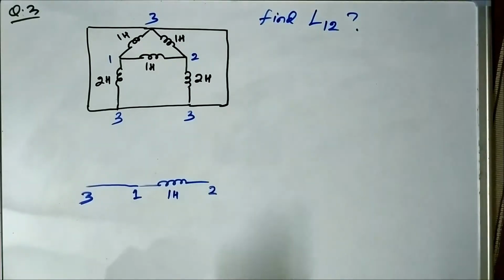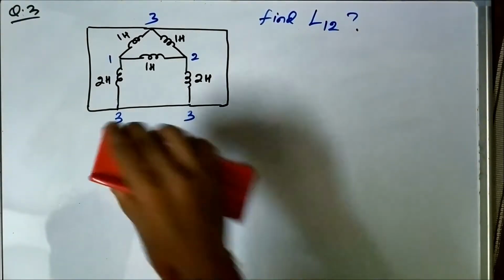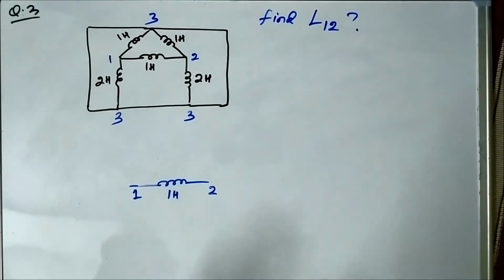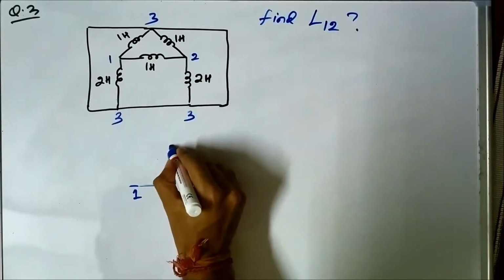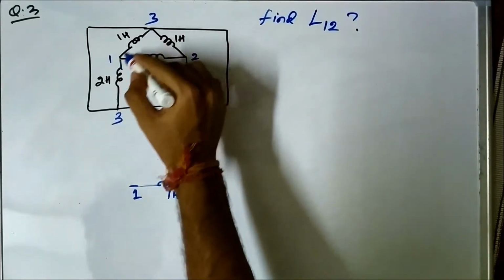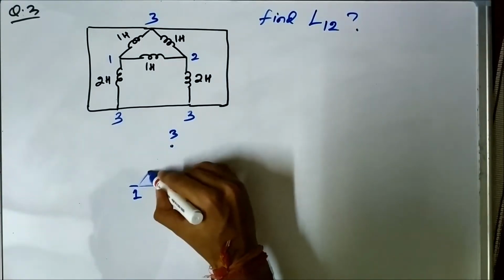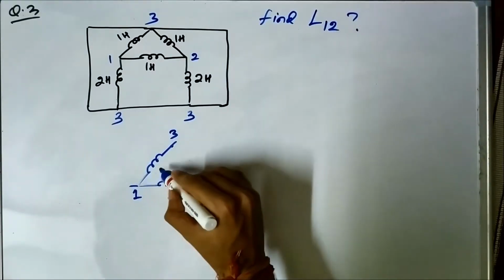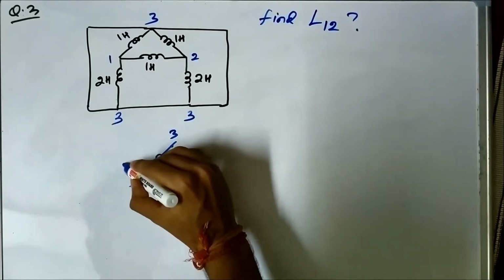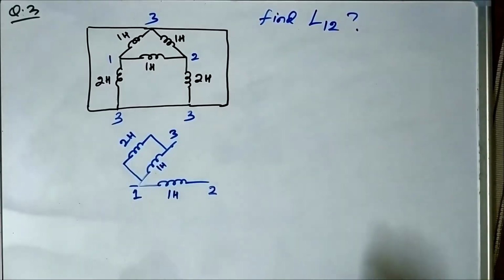So we will take this point here, as per this circuit, this point 3. In between 1 and 3, we have two inductances, 1 Henry and 2 Henry, connected.